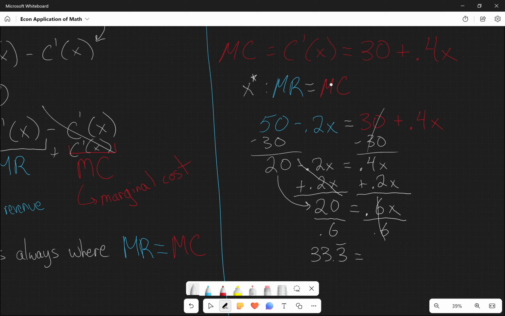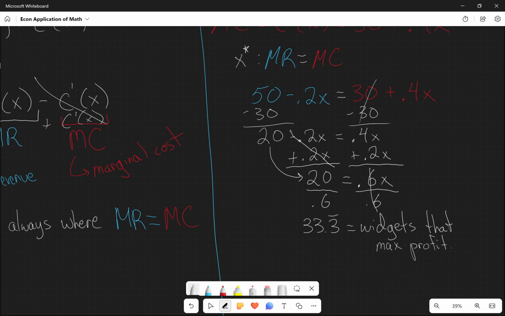Repeating, this is the amount of widgets that maximize profit. And so again, we cannot create a third of a widget. Nobody wants to buy a third of a toaster, right?